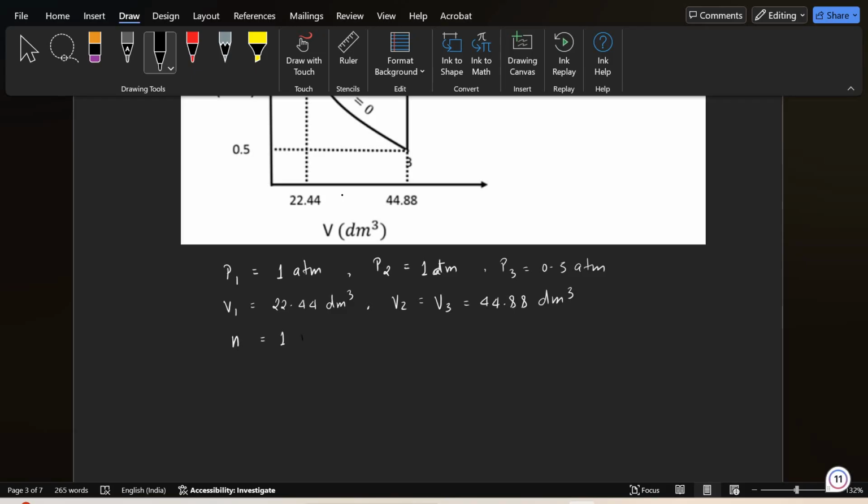Okay. So what are they asking us to find? T1, T2, and T3. So how can we find this? Can you tell me the formula that we can use to find these? Think about it and tell me.